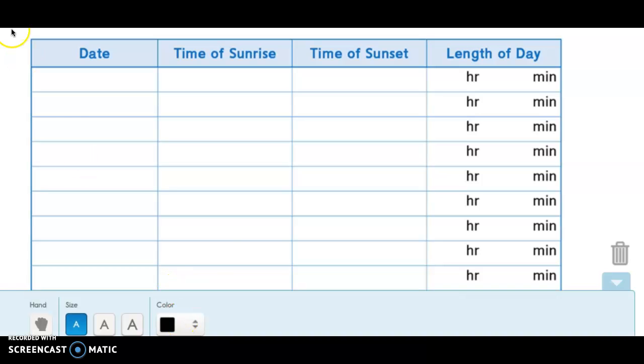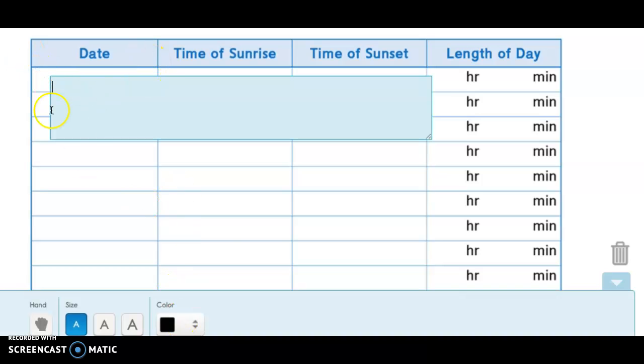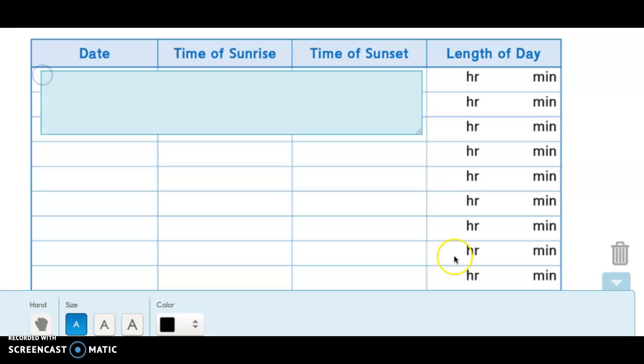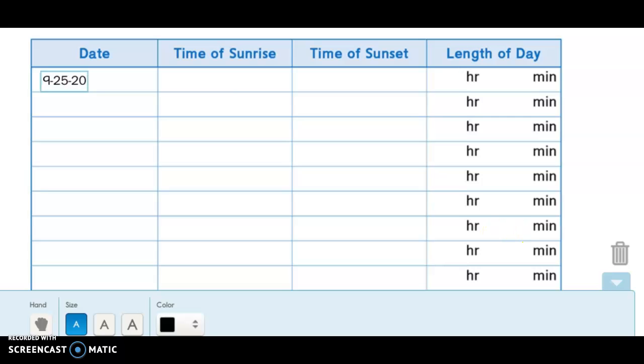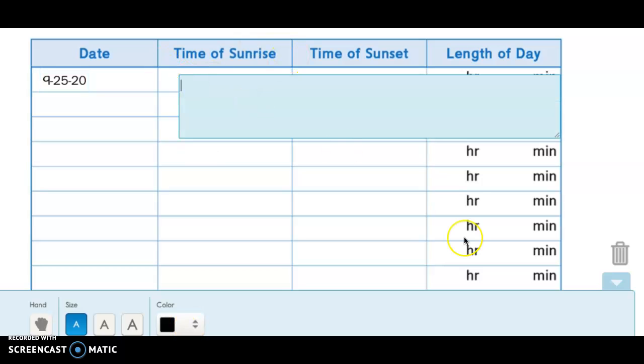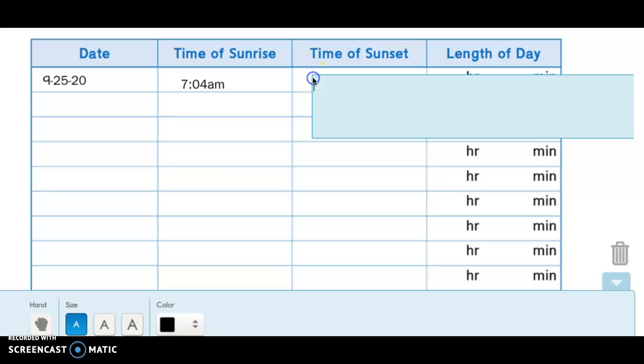Okay, so fill this in with me. Today is 9, because it's September, 25-20. Because it's 2020, we will just use our end part. And you guys, you will not believe this. Our sunrise is at 7:04 a.m. today.